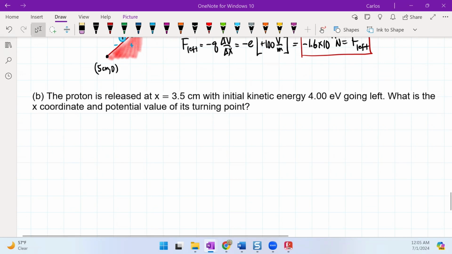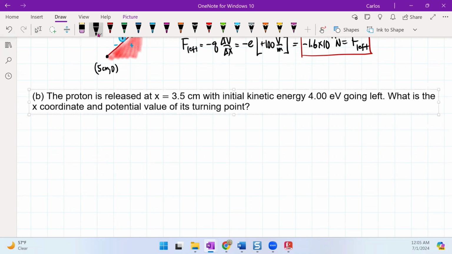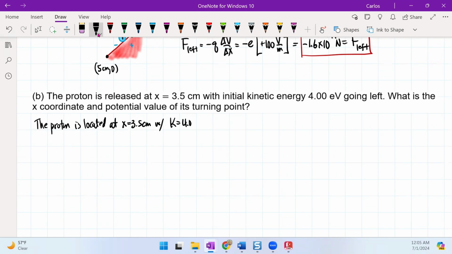And so we're saying here that the proton, and I know I keep saying positive test charge, but it's a proton, is located at x equal to 3.5 centimeters with kinetic energy equal to 4.00 electron volts headed left.